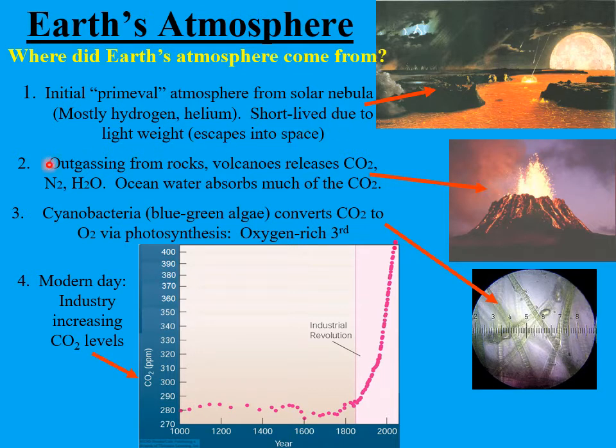What probably happened next was outgassing from rocks and volcanoes, which would release carbon dioxide, nitrogen, and water vapor. Finally, when life took place on Earth later, certain types of plant life, blue-green algae or cyanobacteria, converted the carbon dioxide in our atmosphere to oxygen via the process of photosynthesis.